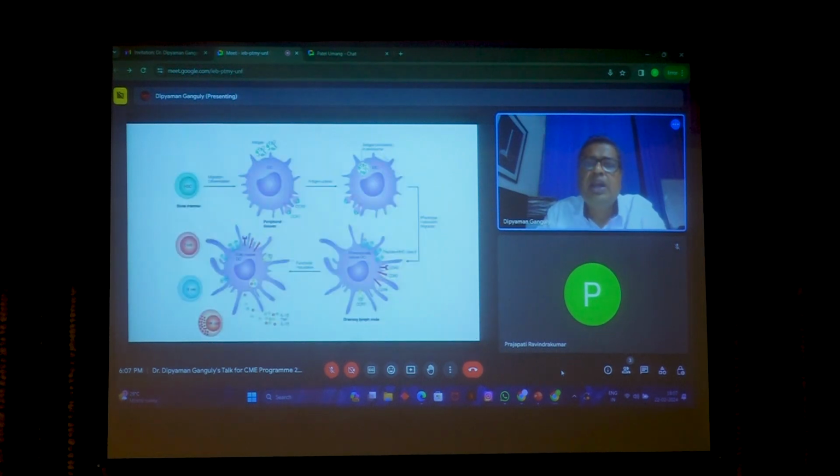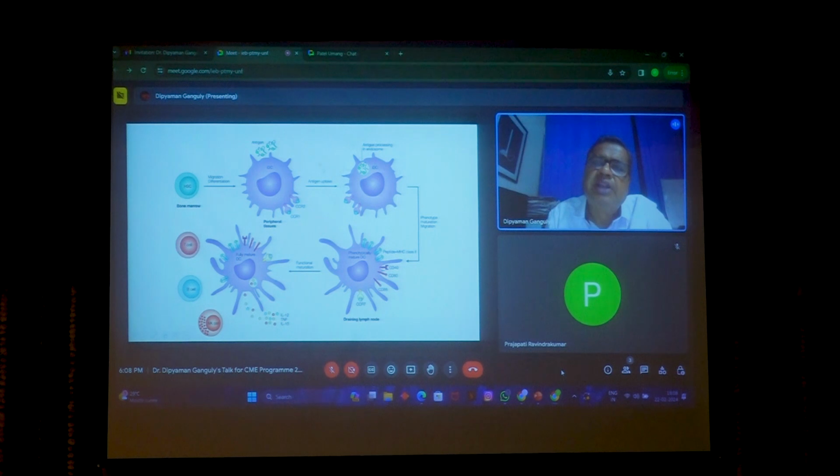Now, if you look closely at this mechanism, the dendritic cells develop from hematopoietic stem cells in the bone marrow. They come to the periphery, but they are not mature. So these immature dendritic cells are roaming all around the body, going to different tissues and sampling antigens.